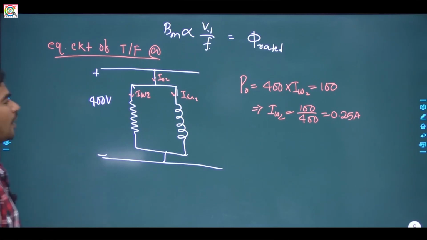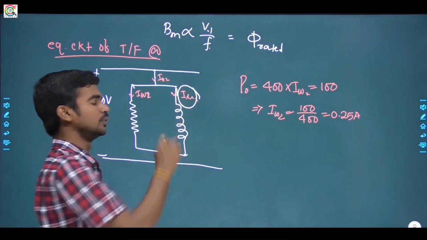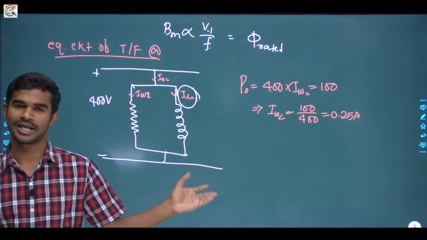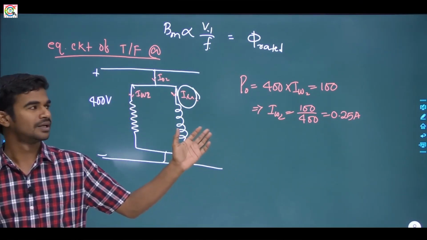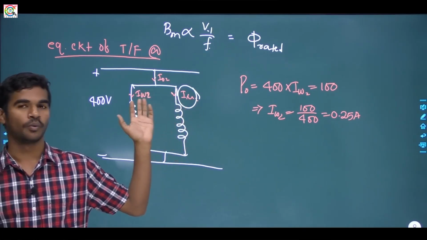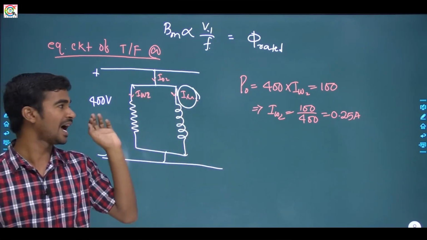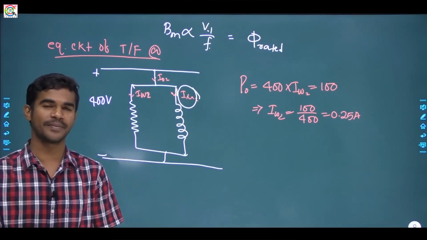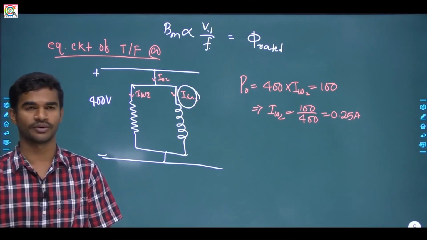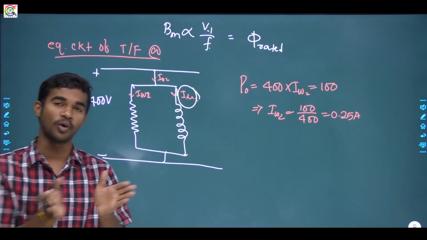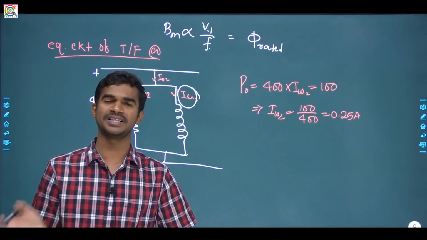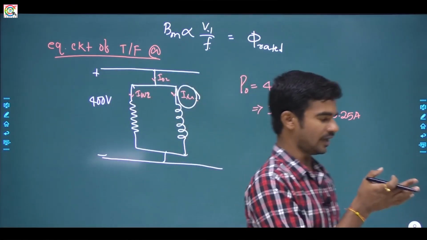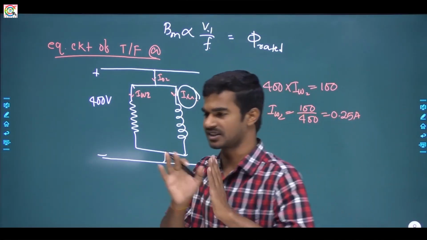Now how to find the value of Imu2? In order to find Imu2, what I have told you earlier is that you need to apply that MMF remains constant, that is flux is constant. Flux is constant in both cases, whether the open circuit test is conducted on the LV side or the HV side, it doesn't matter.